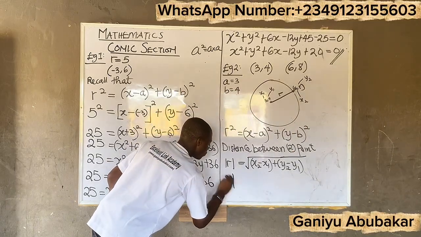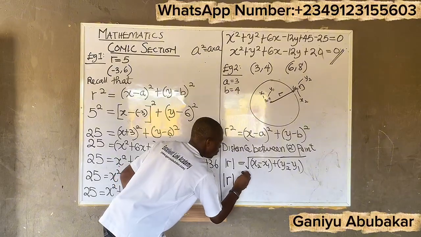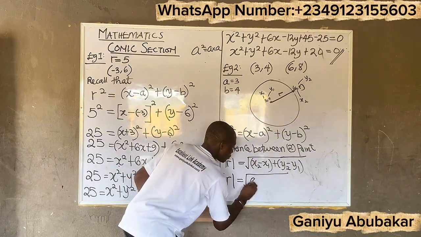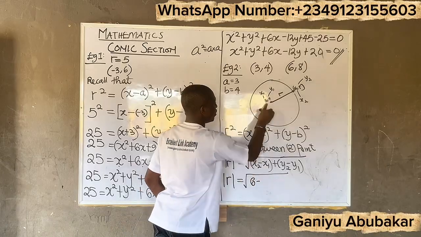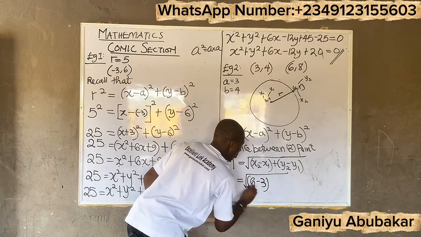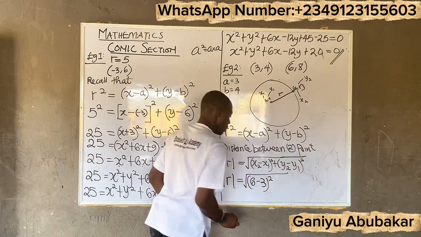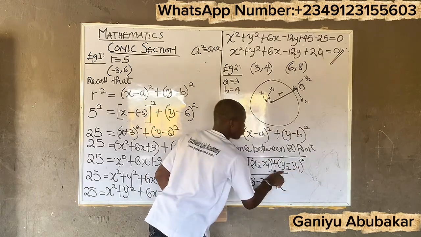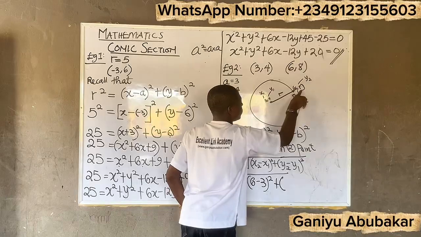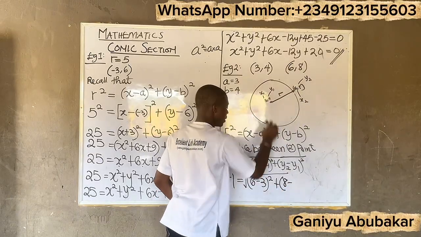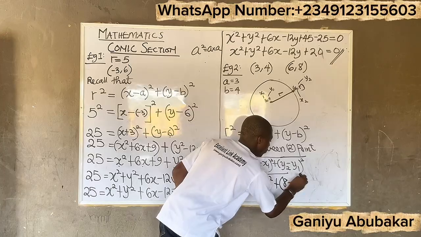From here, I want to get the value of r. So r will be equal to the square root of x2, which is 6, minus x1, which is 3, all squared, plus y2, which is 8, minus y1, which is 4, all squared.